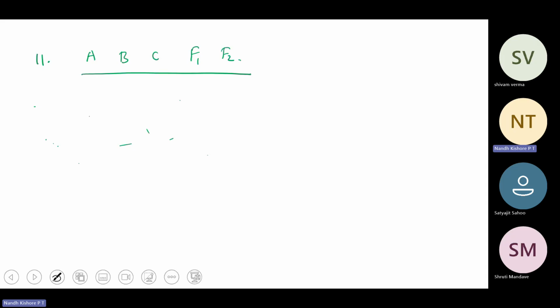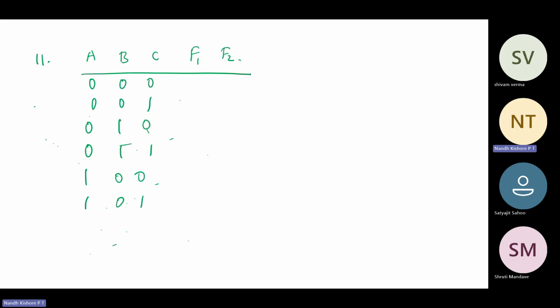So again, they have given us a truth table over here, which means A, B, C, and you have F1, F2. So you have 0, 0, 0, 0, 0, 1, 0, 1, 0, 0, 1, 1, 1, 0, 0, 1, 0, 1, 1, 1, 0, and then 1, 1, 1.